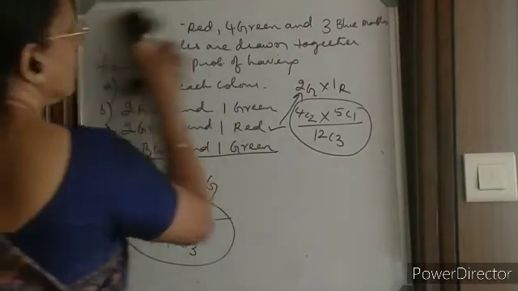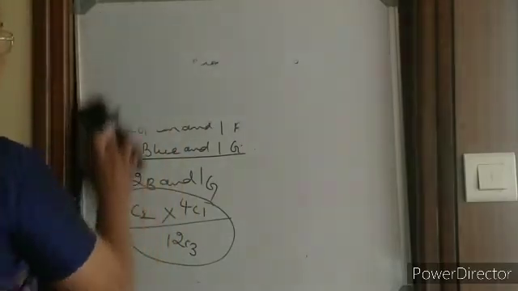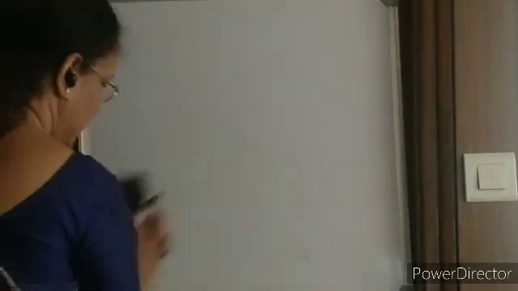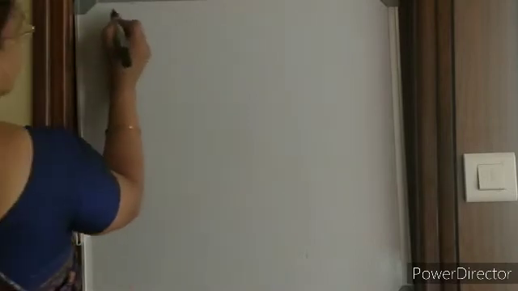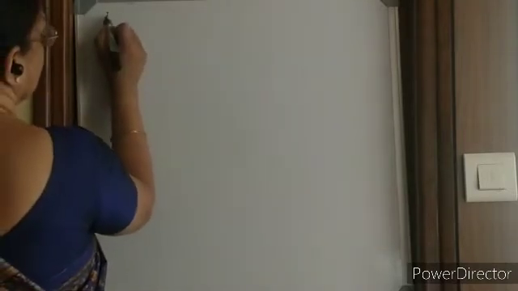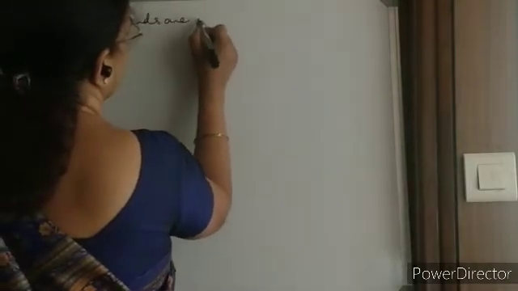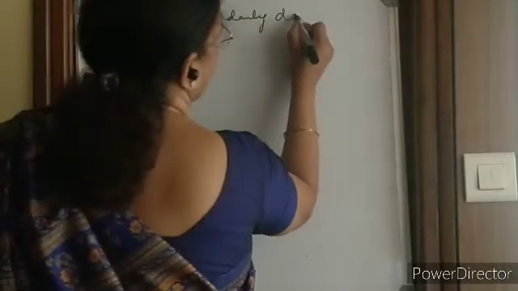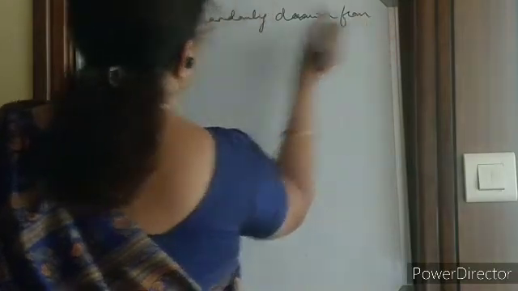Same way you can have similar problems in playing cards. Now all of you are aware of the fact that playing cards have 4 different sets. Okay. Now the question will be something like this. 4 cards are randomly drawn from a pack of cards.